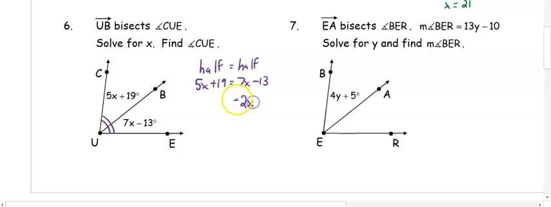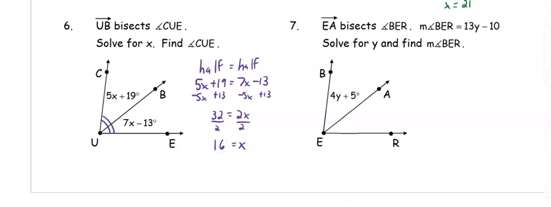So when we combine like terms, we get 2x equals 32 because we can subtract 5x from both sides and we can add 13. 32 equals 2x. When we divide by 2, x equals 16.